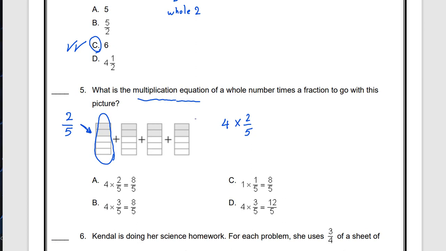So which one, Ali, is the correct choice? A. Great. Okay, thank you, Ali. My heroes, any problems? Any questions? Of course, here my heroes, 8/5 because we multiply 4 times 2 equals 8. Okay, let's move down.